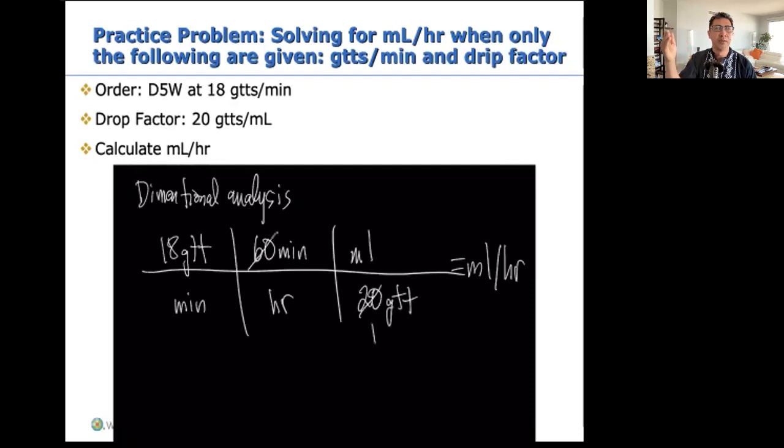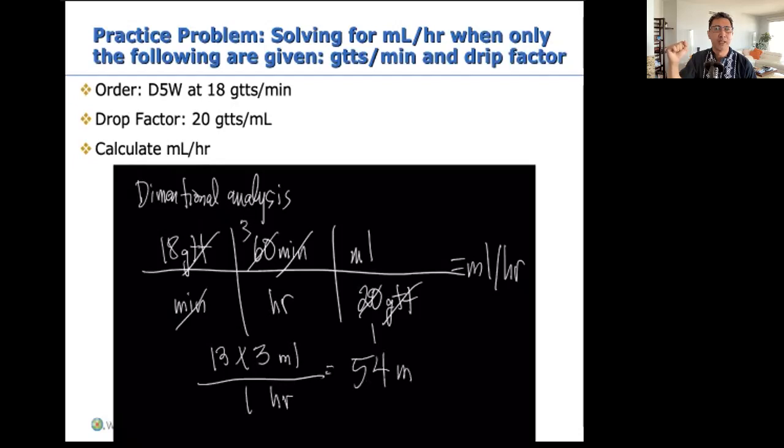I did some reduction there, 20 to 60, 1 into 3. I'm crossing off the minutes and the drips. I'm going to be left with mLs per hour. That's supposed to be 18 times 3 over 1, and it's going to give us the same number, 54 mLs per hour.